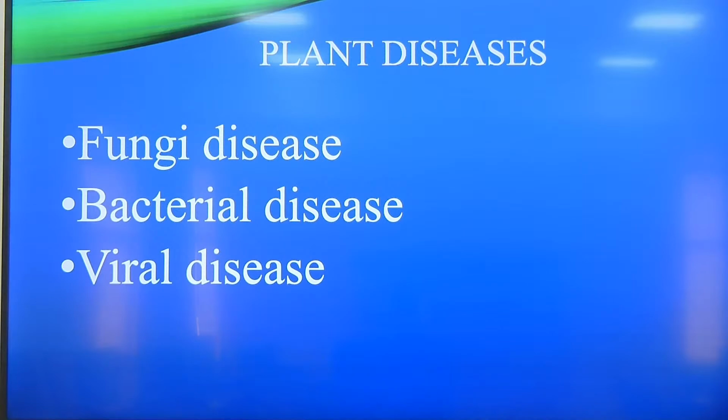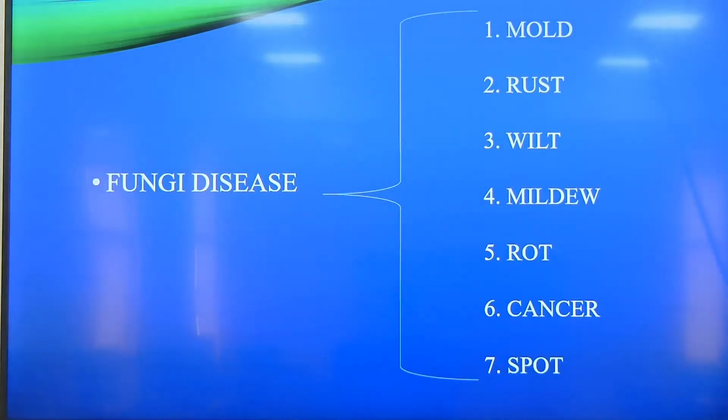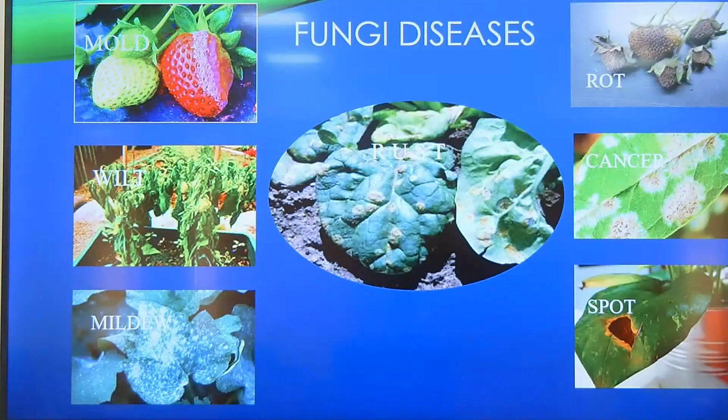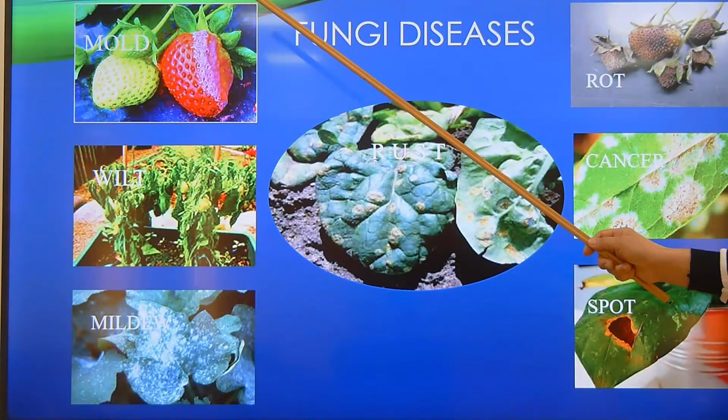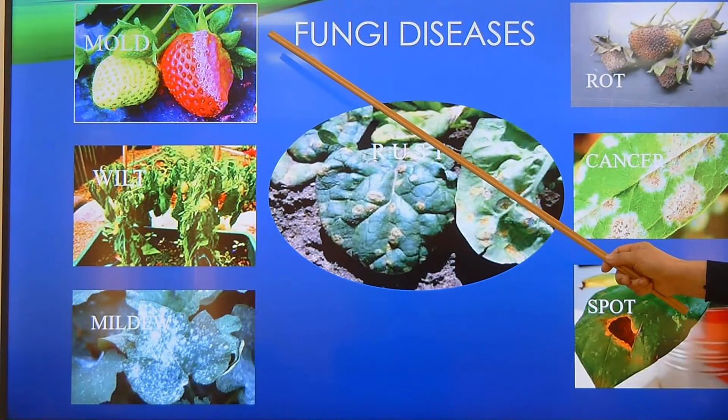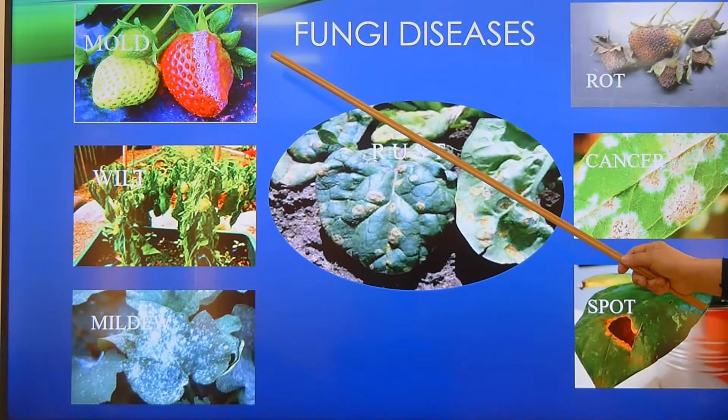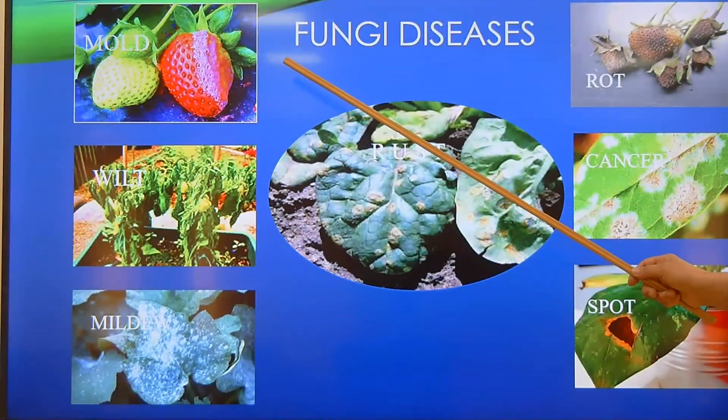Now, dear students, I am going to show the first one. Mold, rust, wilt, mildew, rot, cancer, and spot. Mold. This mold can be caused by any number of things, including overwatering or lack of sunlight.